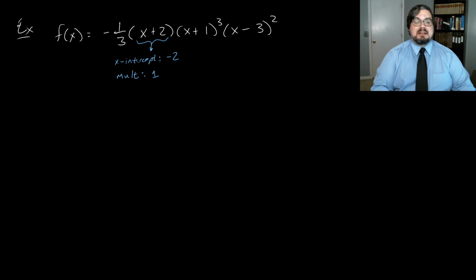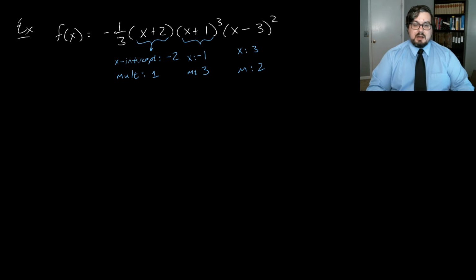It appears exactly once in the factored form of f. Now, for the next one, we have an x-intercept of -1 with a multiplicity of 3. And then finally, we have an x-intercept of 3 with a multiplicity of 2.